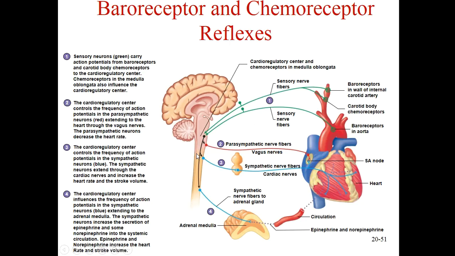If the blood pressure is too low, it's going to send a sympathetic signal. Speed up the heart. Make the heart pump faster to increase blood flow and help to restore balance. If the blood pressure is too high, under normal circumstances, the medulla will just say, hey, slow down a little bit, by sending a parasympathetic, inhibitory effect to slow down the heart, and to a lesser degree, decrease the amount of contraction or force of contraction.